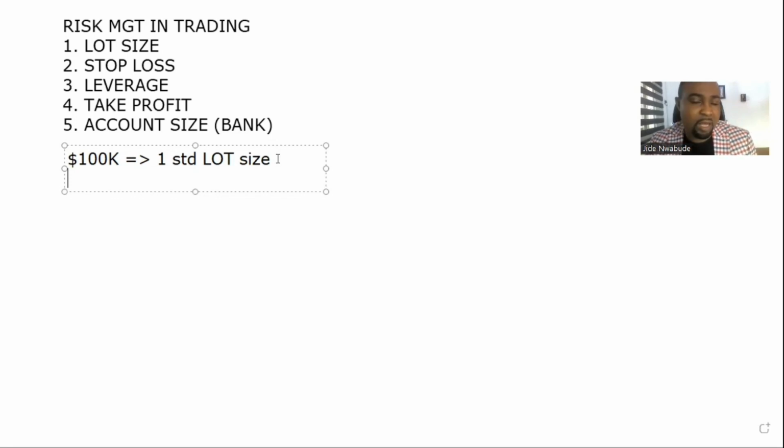You get that your risk is really small, so you're not going to make a lot of money. But if you're trading with an account of say 10K, you're expected to use 0.1 lot size.